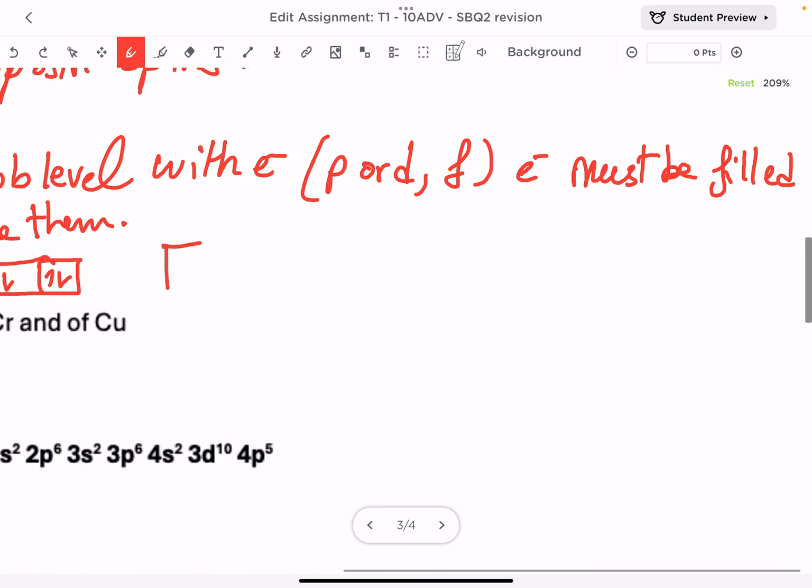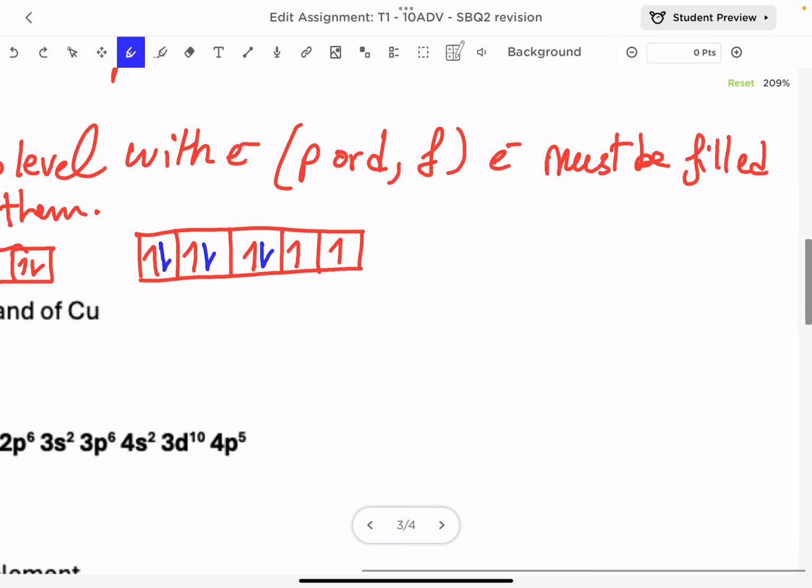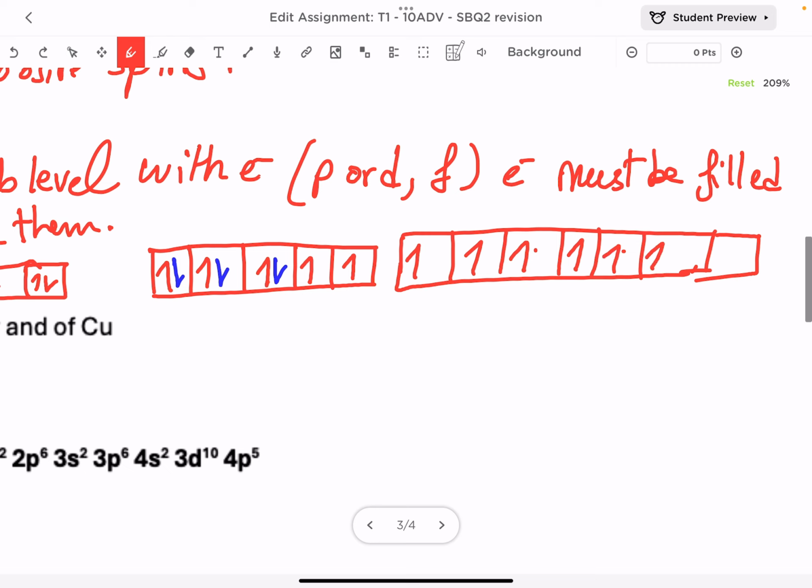If I am filling D, single electrons, then double. If I am filling F, 1, 2, 3, 4, 1, 2, 3, 4, 5, 6, 7. So single electrons, then you double the electrons. You do not double at the start. So I hope that this is clear.